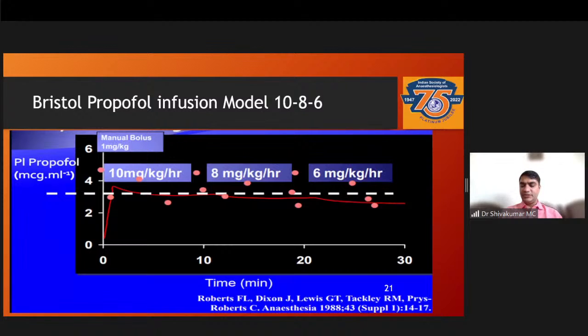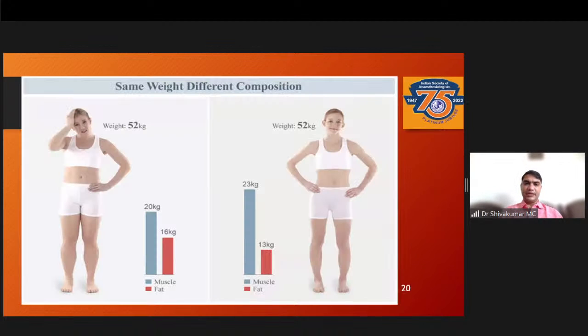But the problem with this is that not all patients are equal. Even though they have the same height, their body composition will vary. Suppose on the left, you can see that muscle mass is around 20 kg, even though the patient is the same 52 kg weight and the same height, but fat is 16 kg. Contrarily, on the right side, you can see muscle mass is 23 kg, but fat mass is 13 kg.